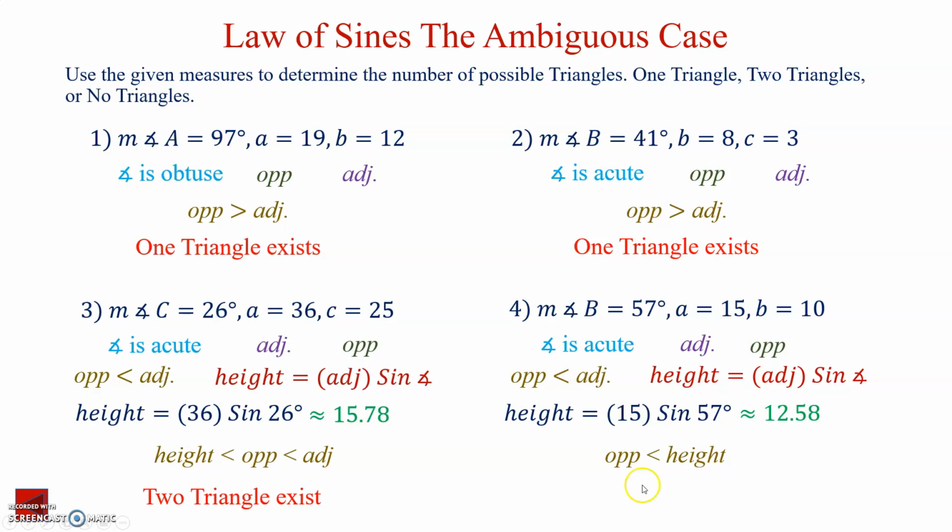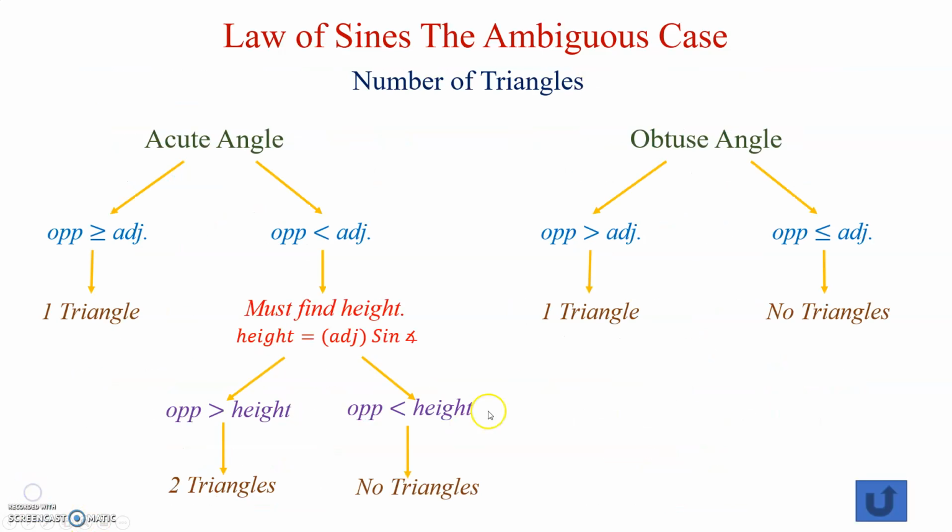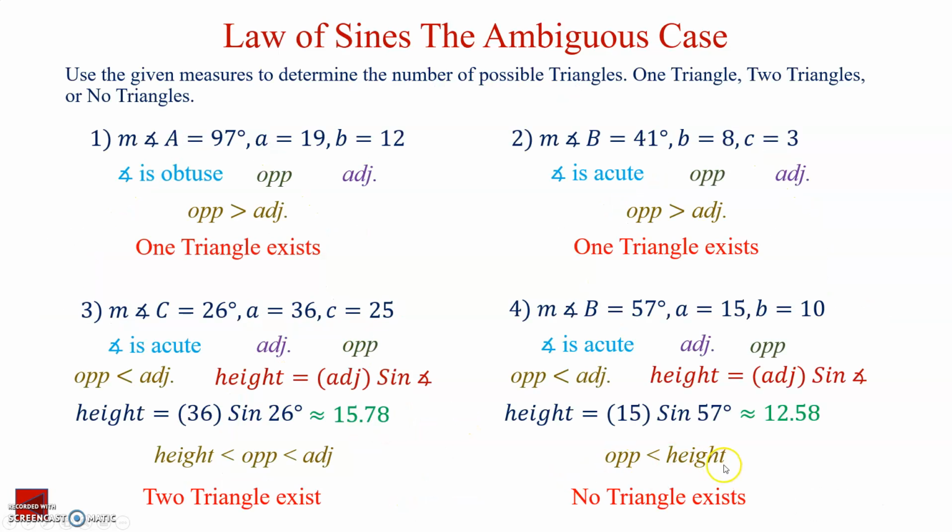So the opposite is less than the height, and according to the schematic, no triangles exist. To show again, the opposite is less than the adjacent, and we just found the opposite to be less than the height. No triangles exist. So it's just a matter of following the flow chart.